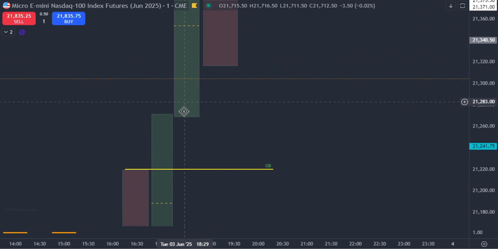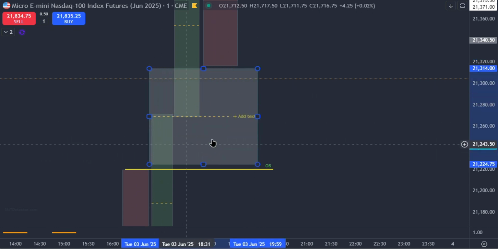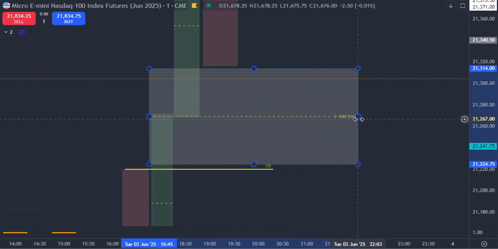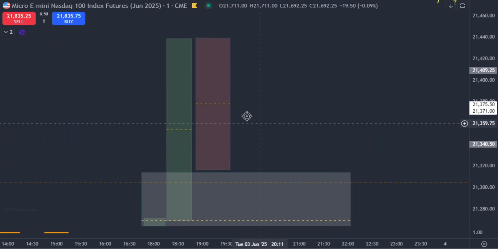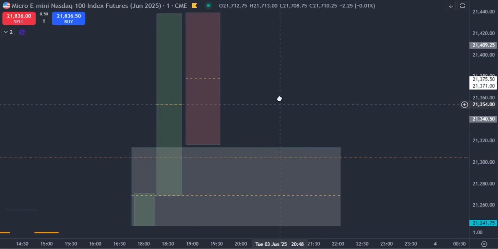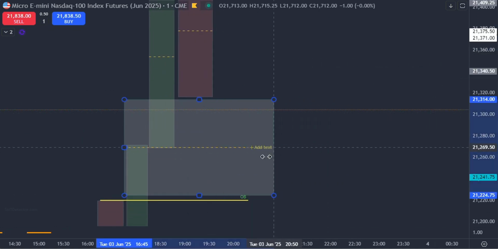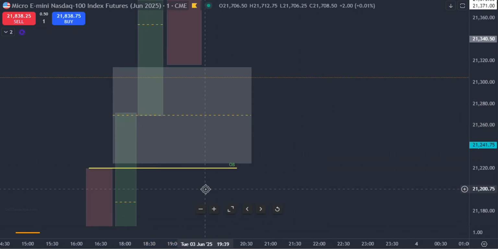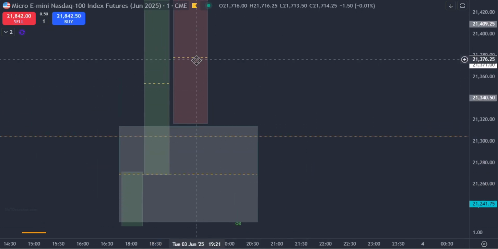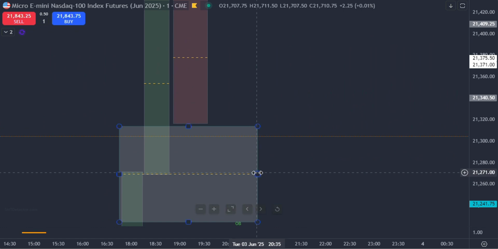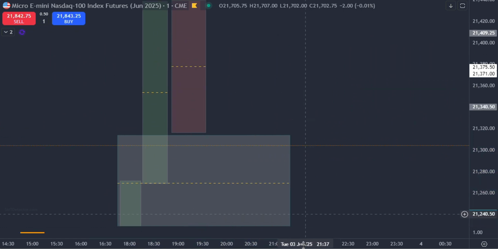If you see a gap on the hourly time frame, then this is your fair value gap. And then on the hourly time frame, you're getting a retracement. So you're looking for a point of interest, either a retracement into this order block or a retracement on the hourly to a fair value gap.